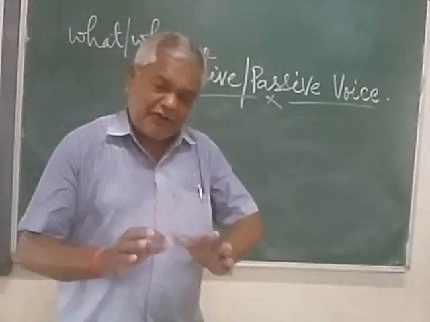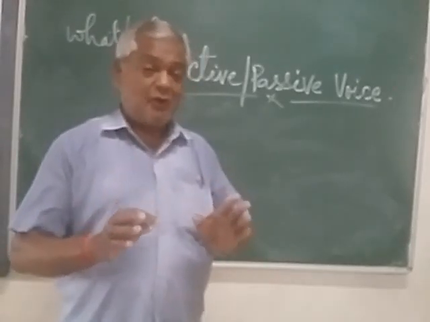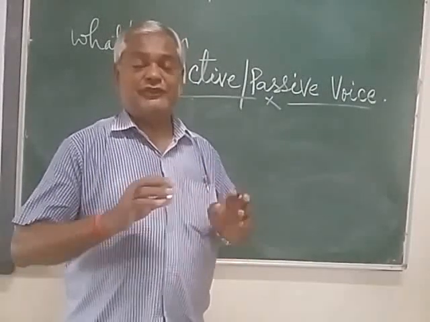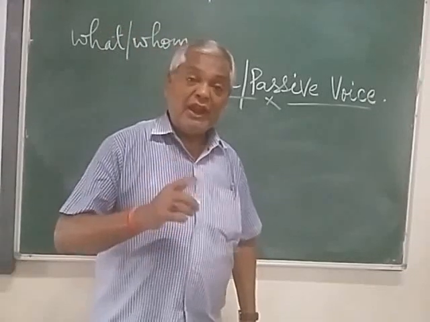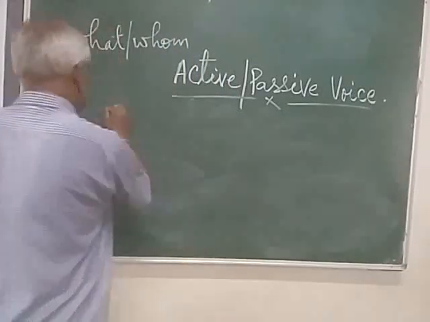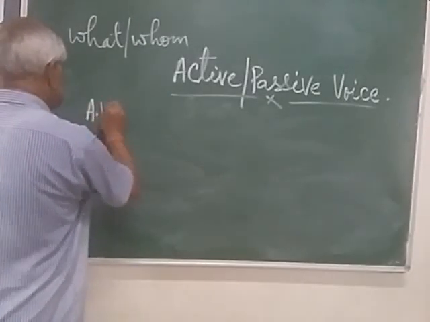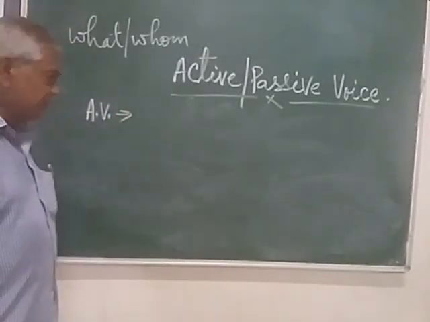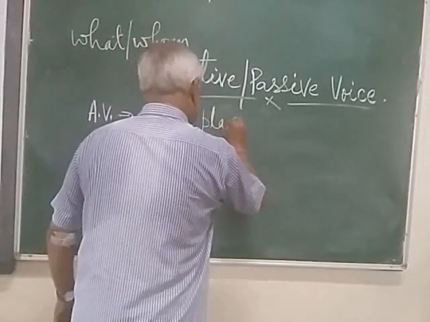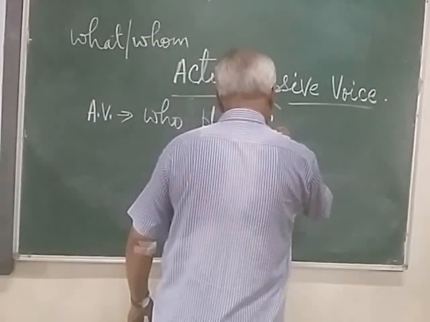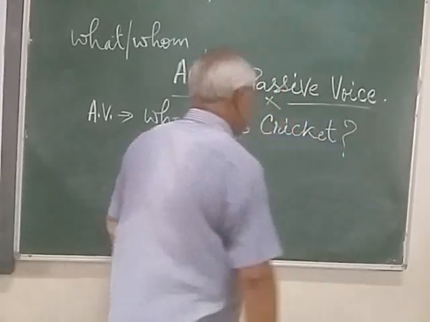So before starting the present continuous tense, one more sentence of the simple present tense. In case of an interrogative sentence, the word is who. So I am writing one sentence. Active voice: who plays cricket?